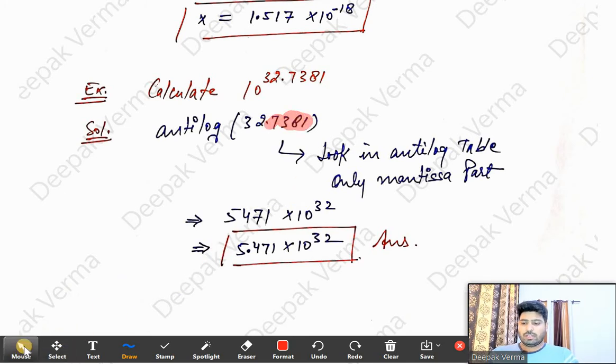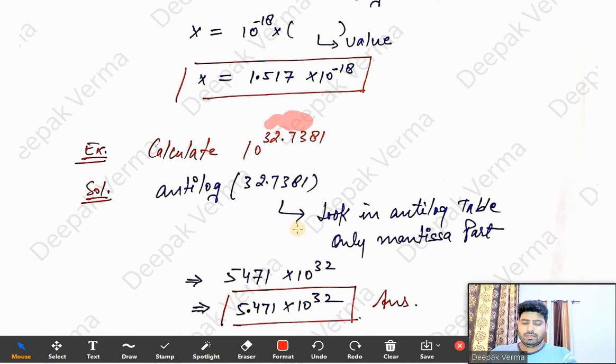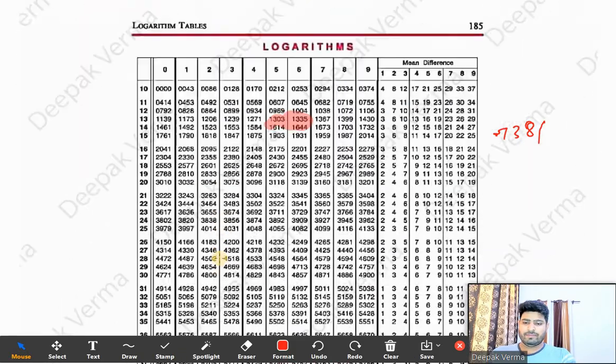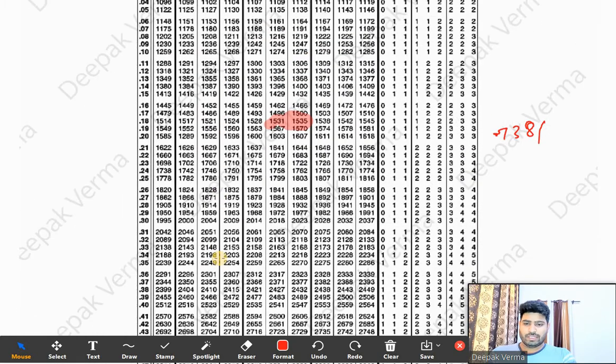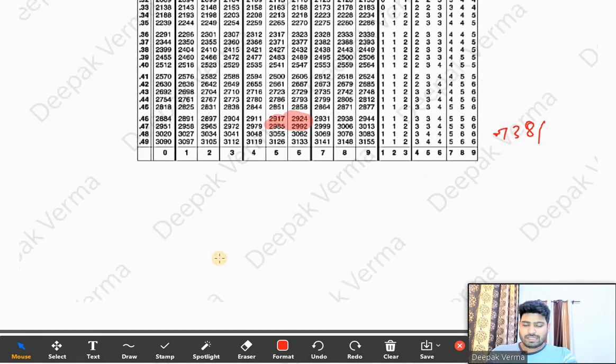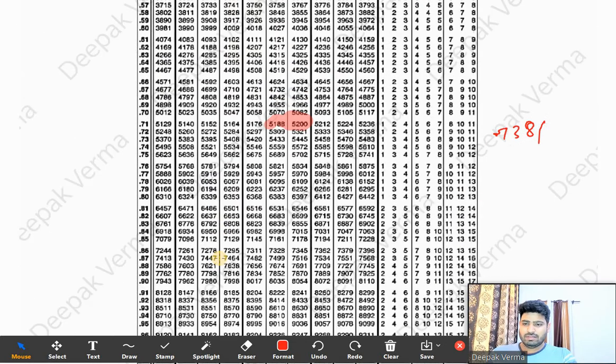Okay, so now we need an antilog table. First of all write it down, 0.7381. Now we need the antilog table. Where is 0.73? Look into the table.